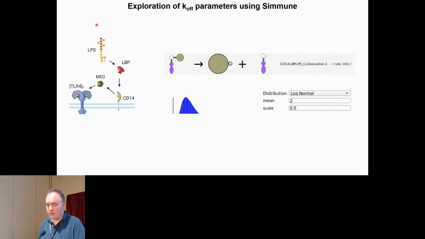So here's lipopolysaccharide from the bacterial cell wall. It binds to LBP and CD14, then MD2. Then MD2 bound to LPS will bind to monomeric TLR4, which will then dimerize.